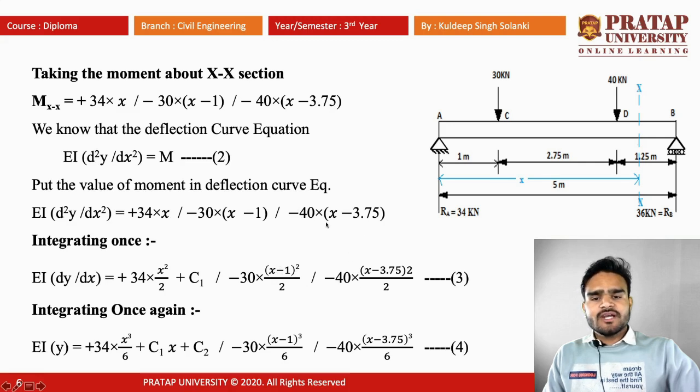Minus 40 times the integration of (x − 3.75). Again consider the whole term as x, whose integration is x²/2, but actually it is not x, so put the value (x − 3.75)²/2. This is our slope equation.